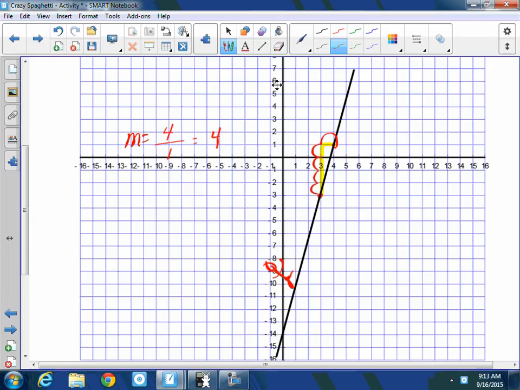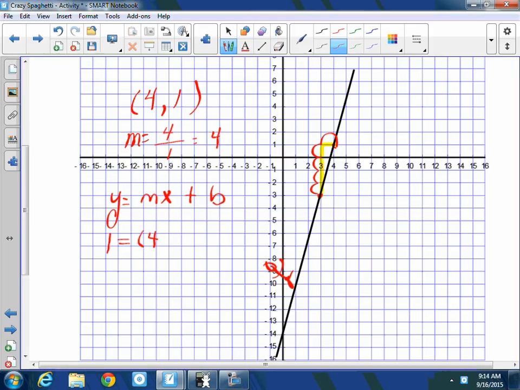Now I need to find b. So y = mx + b. Let's pick one point. It really doesn't matter which one. I like to do points that are positive just because it's a little easier. So I'm going to use 4 and 1. What is y? 1.